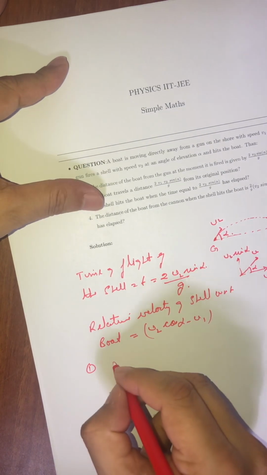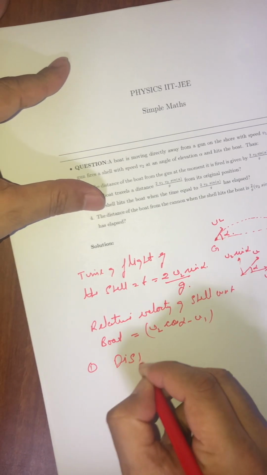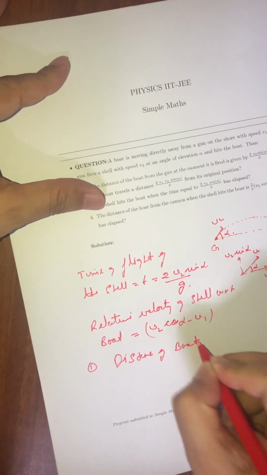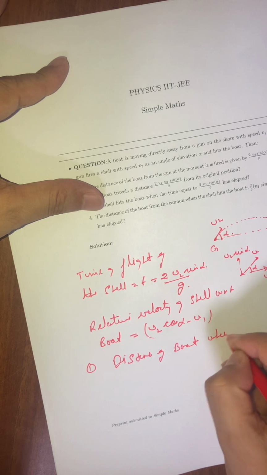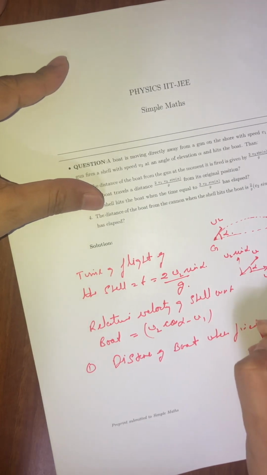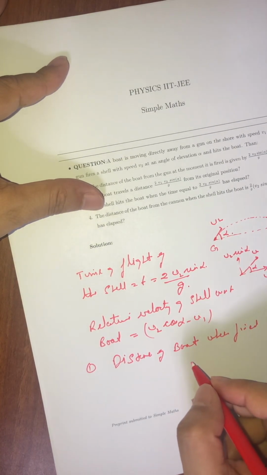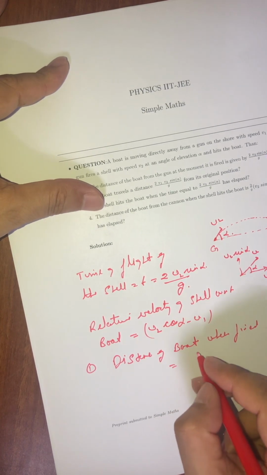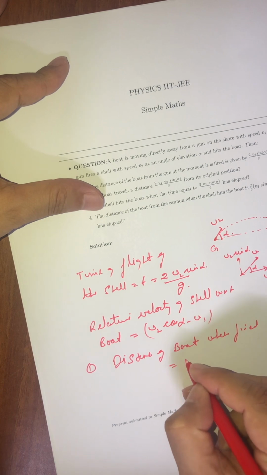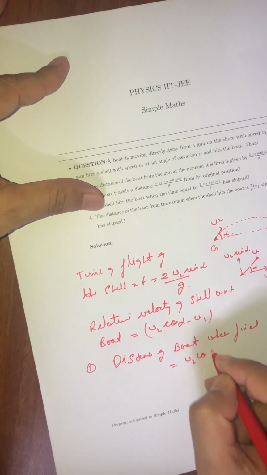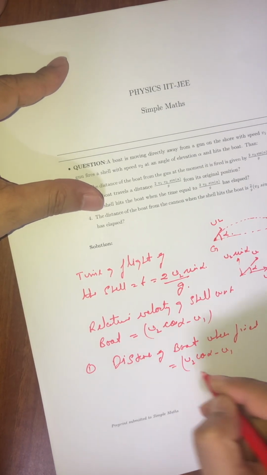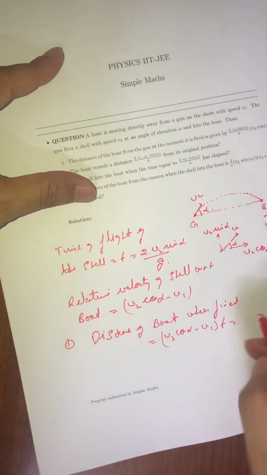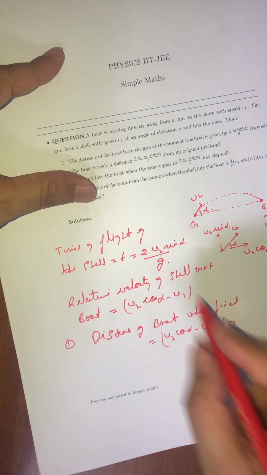We know the distance of the boat when fired will be equal to the relative velocity v2 cos alpha minus v1 multiplied by time t, and t we already know is 2v2 sine alpha divided by g.